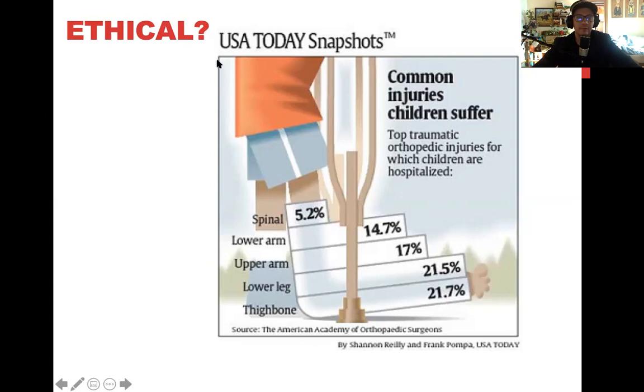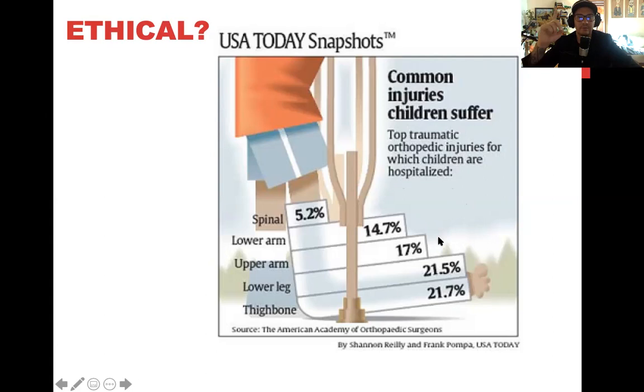And so the problem with this graphic is that it's showing this information in a way that could mislead us. Because then right here we read top traumatic orthopedic injuries for which children are hospitalized. So then we realize, well, wait, these are not just common injuries children suffer.